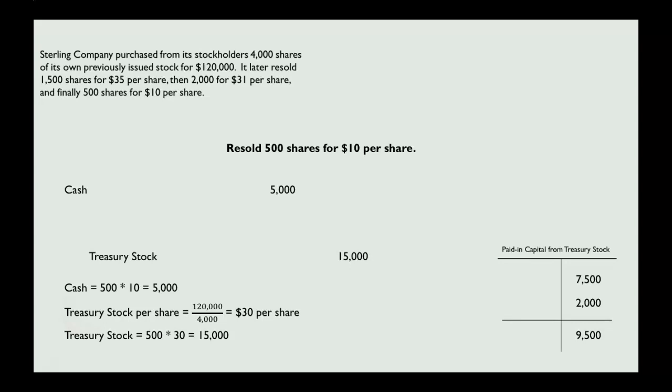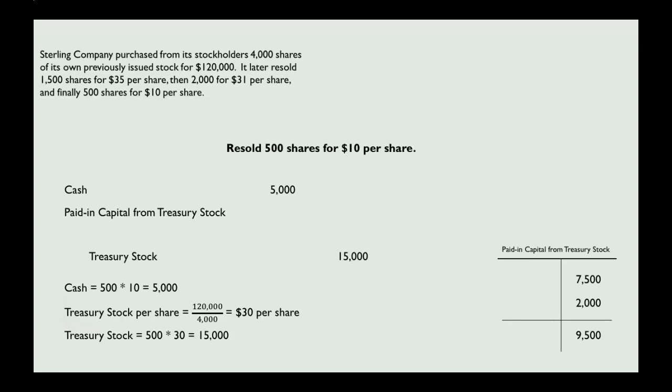Now, our debits and credits don't equal. We need to add more over on the debit side this time. So we will debit our paid-in capital from treasury stock. And in a perfect world, we would debit our paid-in capital from treasury stock for 10,000, and we could just move on with our day.